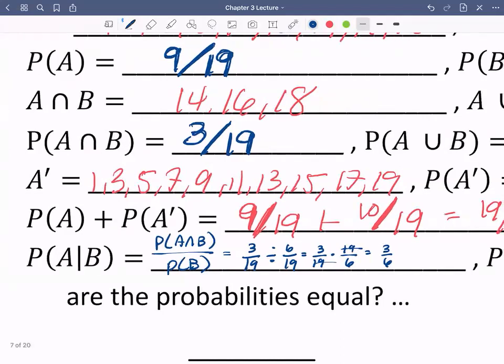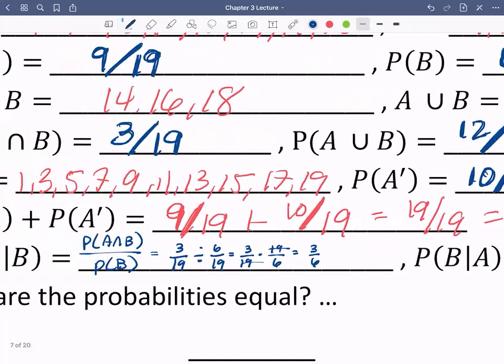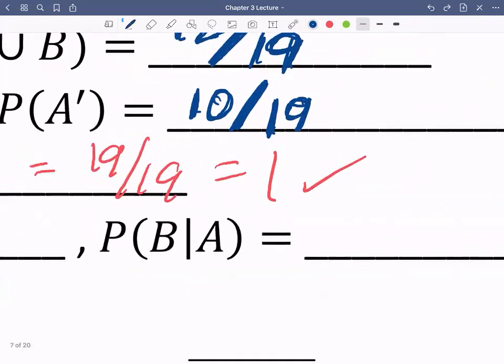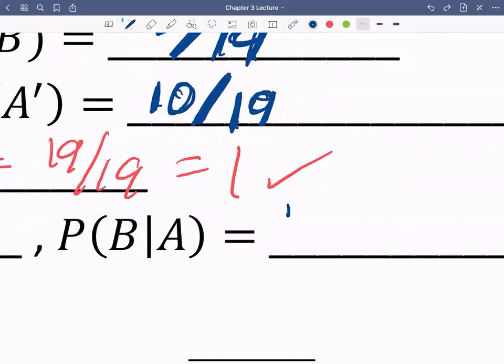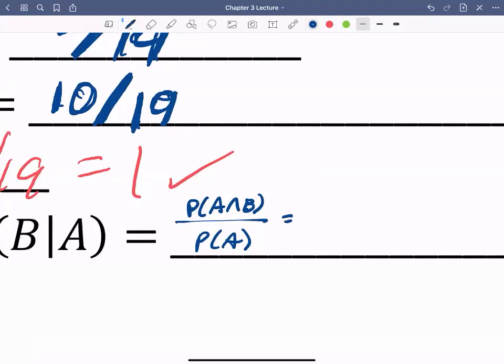Now what's the probability of B given A? Are they the same? Look, it's different, A given B, B given A. But when I actually compute them, are they the same? The way this one reads is the probability of A and B all over the probability of A this time. We already said the probability of A and B is 3 over 19, divided by the probability of A, which was 9 over 19.